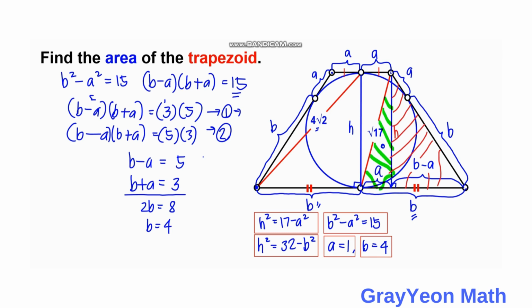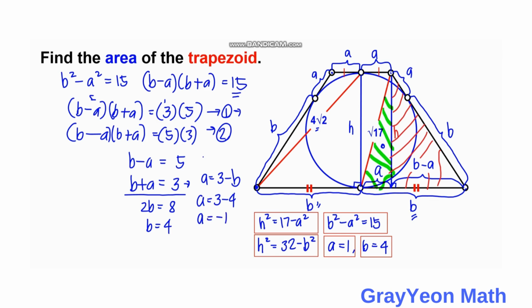And if b is 4, we make use of equation 2. So a is equal to 3 minus b, then we have a is equal to 3 minus 4. It gives us a is equal to negative 1.